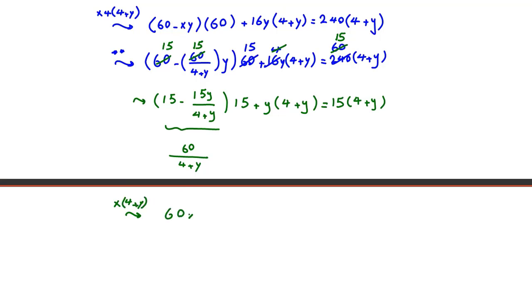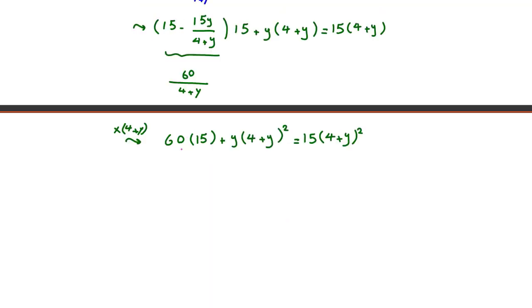It will be 60 times 15 plus y times (4 plus y) squared equal to 15 times (4 plus y) squared. Now in the next step, 16 times 60 times 15, 900 plus y times (16 plus y squared plus 8y) equal to 15 times (16 plus 8y plus y squared).